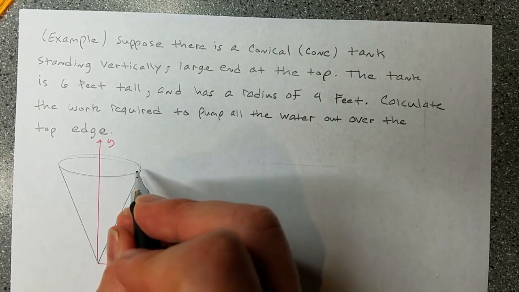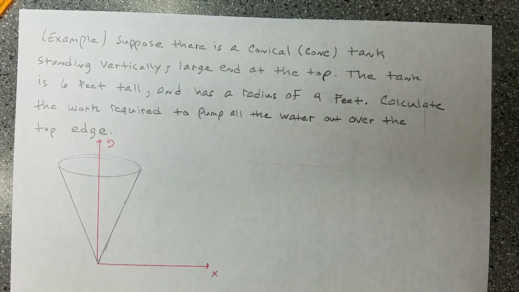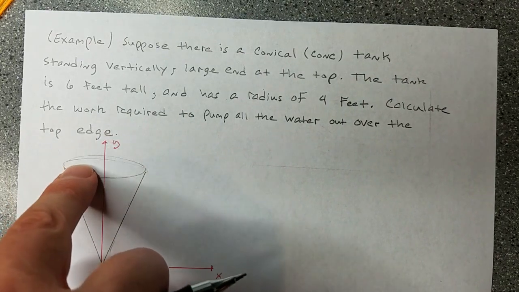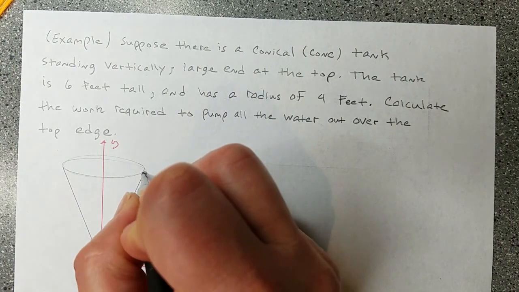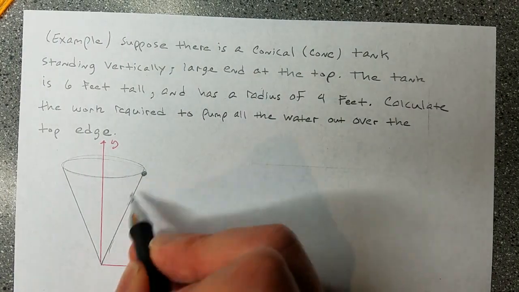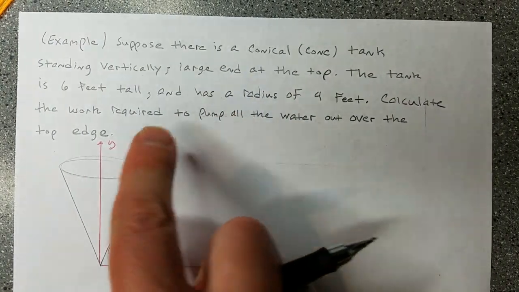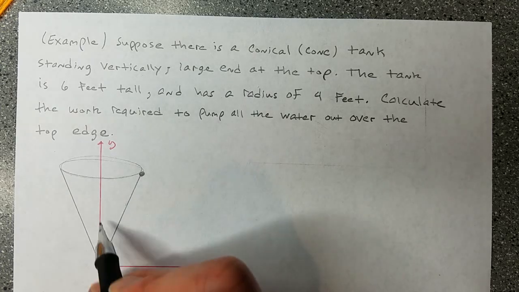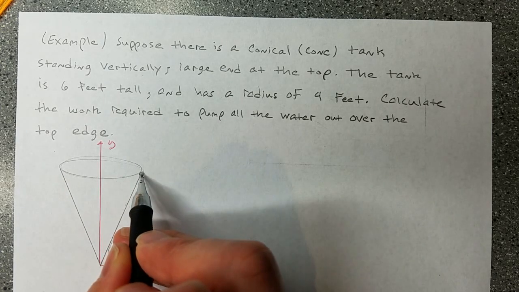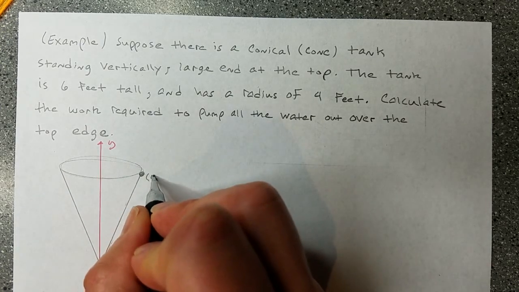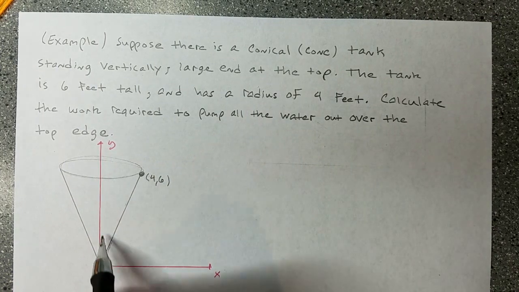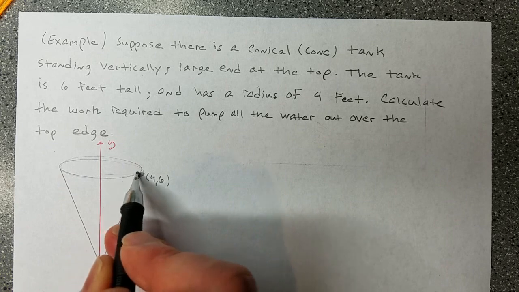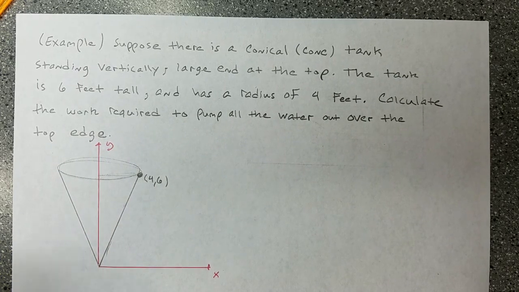This is a line that's on the xy plane, and it has this third dimension to it all the way around, though. This point right there on that line, given that this conical tank is 6 feet tall and has a radius of 4 feet, would be (4, 6), right? That's how you get to that point. You go up 6 and you go right 4. All right, so we've got that.